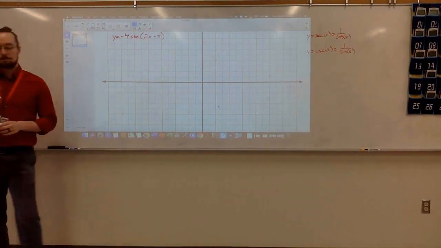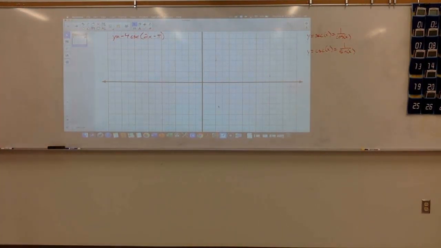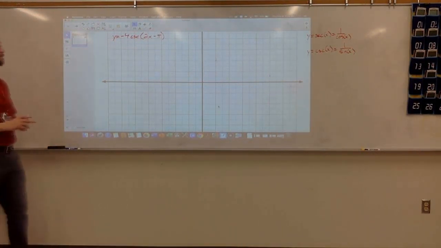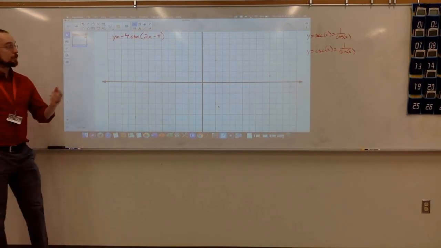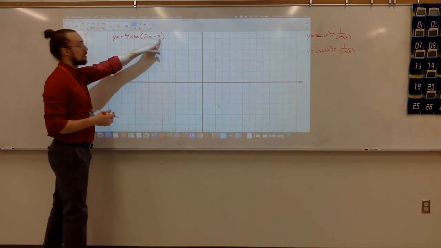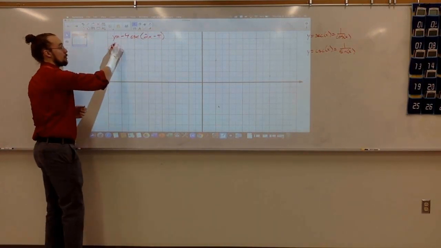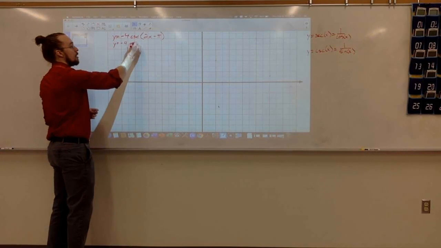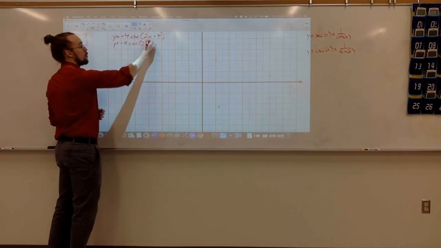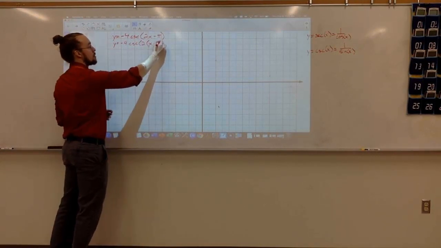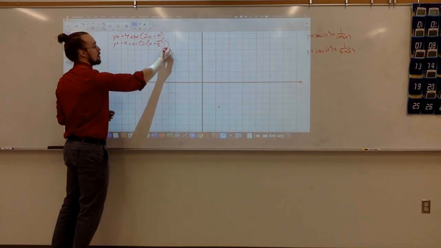Yeah, how about this? -4 cosecant of 2x minus pi. Okay, well, we talked about we need to factor a 2 out here. So first, we would need to write this as -4 cosecant of 2 times x minus pi over 2, right?